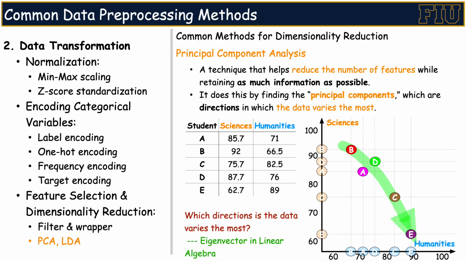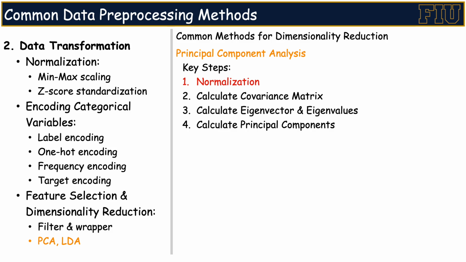In linear algebra, we have a specific term, eigenvector, to represent this direction. In this lesson, we won't spend too much time on the details of linear algebra or how to calculate eigenvectors, but I want you to understand the underlying concept and physical meaning here. For actually computing eigenvectors, you can simply use predefined functions and libraries. Now, let's walk through the step-by-step calculation for PCA.